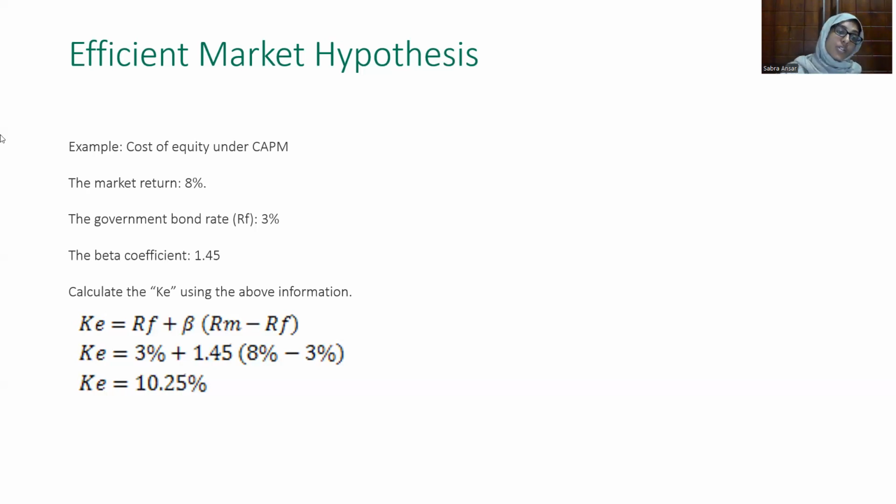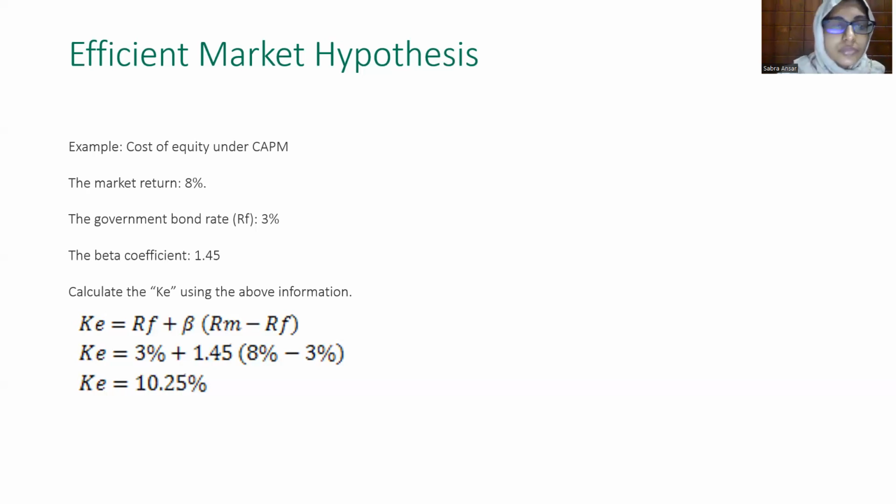So here, KE equals 3%, the government bond rate as the risk-free rate, plus the beta coefficient of 1.45. We include that, and then the difference between these two is taken. So the market return is 8% minus the 3% risk-free rate.